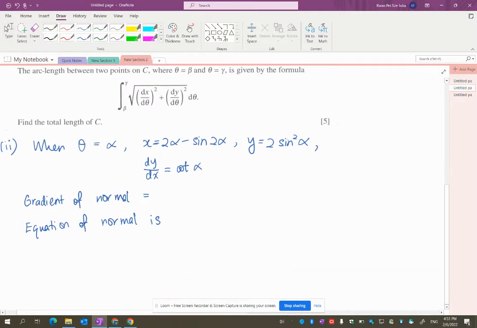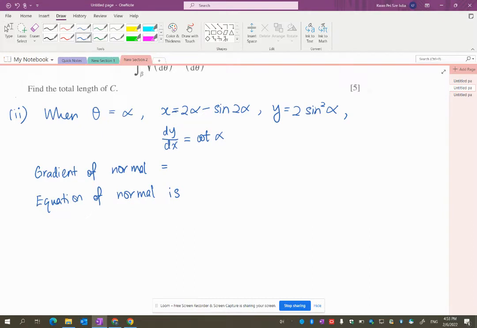So we are finding the equation of the normal at theta equals alpha. All right. So the gradient of the normal will be minus 1 over the gradient of the tangent at theta equals alpha. The gradient of the tangent at theta equals alpha is given by cotangent alpha. We have found out what dy/dx is in part 1 already: dy/dx is cotangent theta.